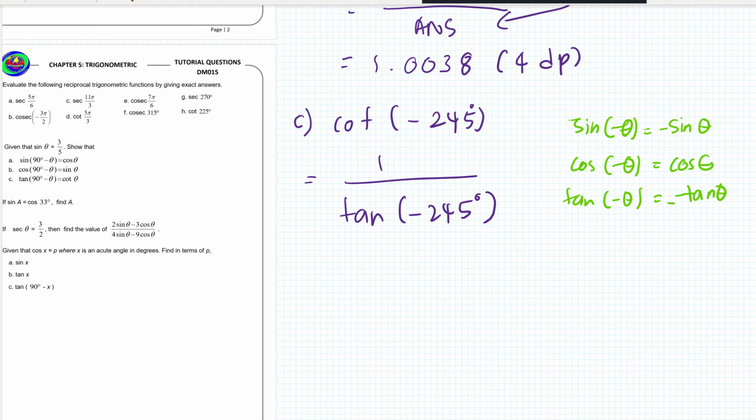Now we need to find tangent 245. We can ignore the negative first.